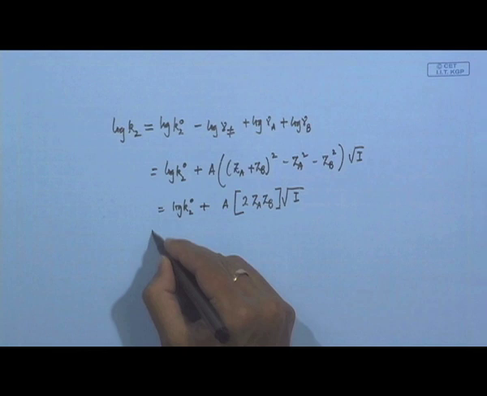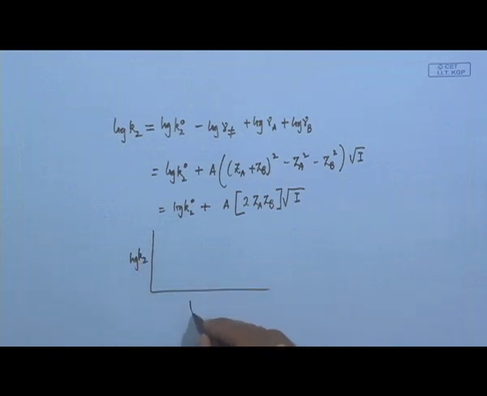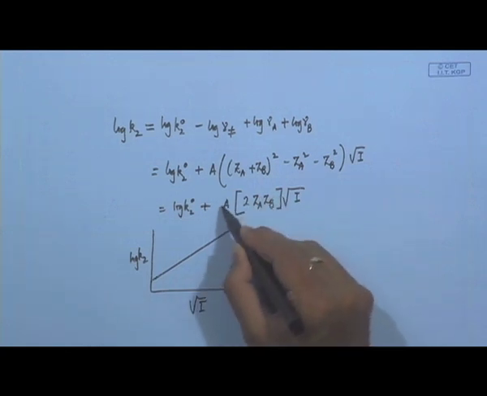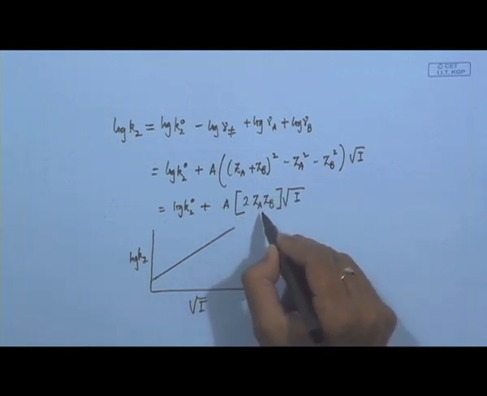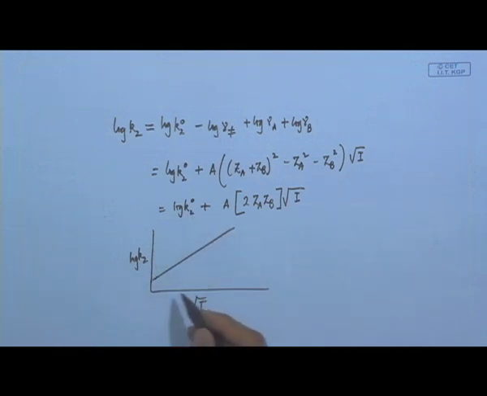So, if we plot log K2 versus square root of ionic strength of the medium, we should be getting a straight line. The slope will be giving you 2A ZA ZB, and the intercept will be giving you log K2 0, that is, when you extrapolate this to 0 ionic strength.